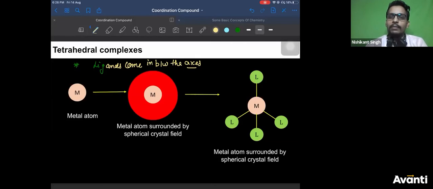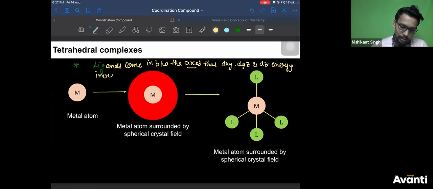So which orbitals have their lobes in between the axis? Yes, Gauri. Does the energy of dxy, dyz and dzx increase?